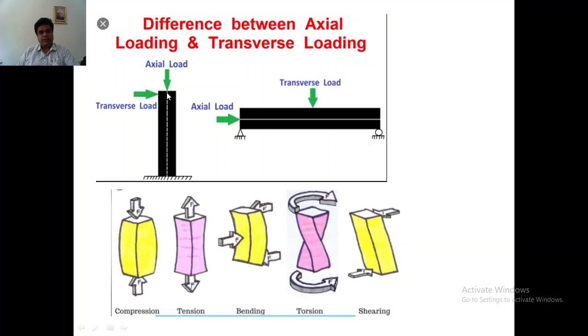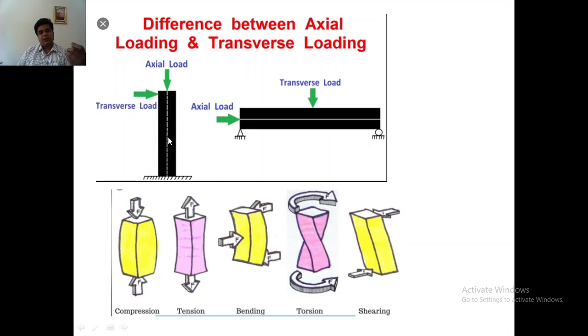So whenever you apply the load along the axis of the material, that is called axial load. Similarly, you have transverse load. Here the load is applied perpendicular to the axis of the material or the component or the structure.